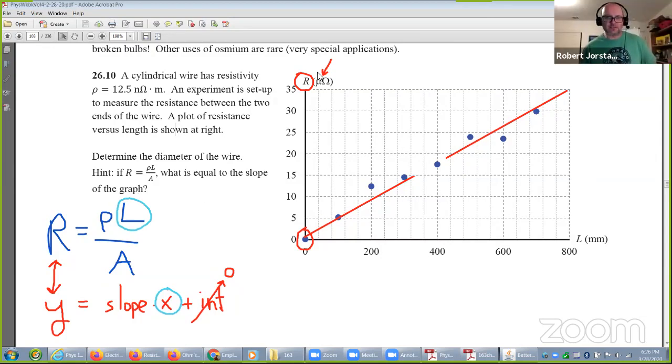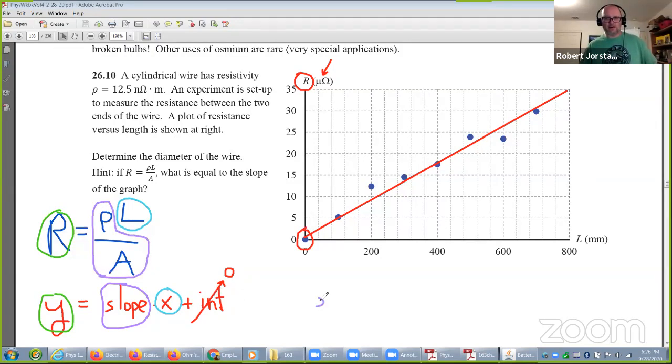So if y is this and x is that, what is the slope? Whatever's left, right? And so now we just figured out that slope is equal to rho over area.